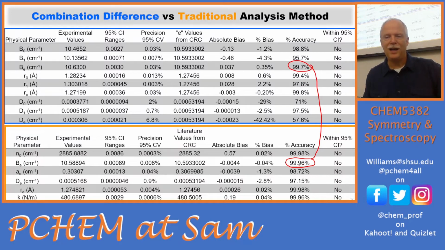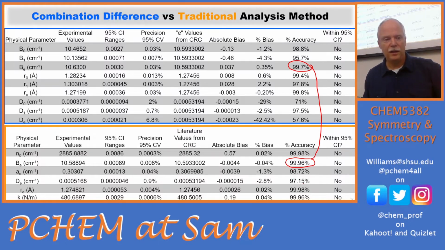So we were 99.96% accurate with our 1.0 analysis, just treating all of the transitions, putting them all into a linear regression, pulling out alpha E, pulling out DE. That may be the strength of the traditional analysis, that it's able to pull alpha E out of that BE value and increase its accuracy.